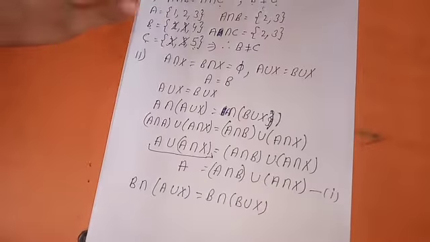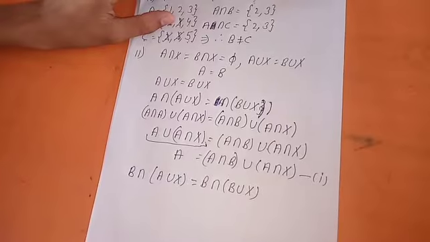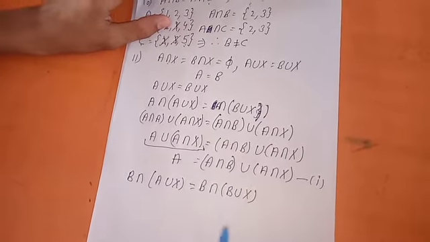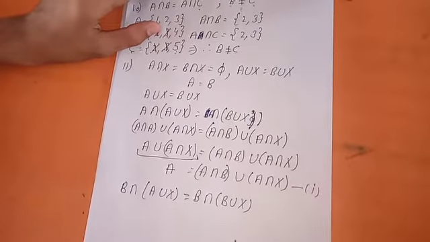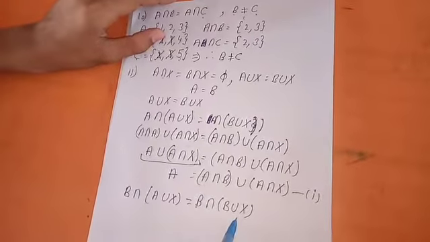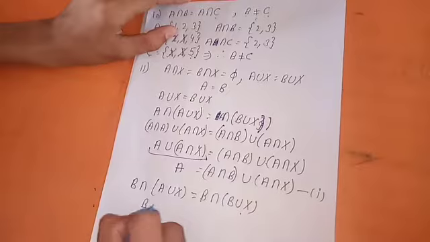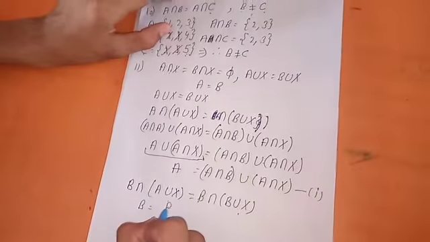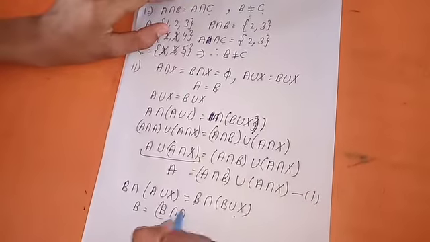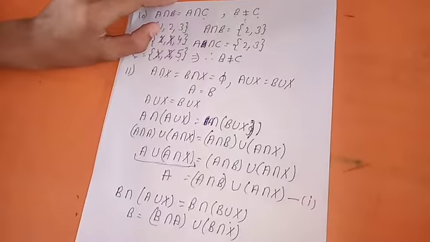Okay, so we will again use here, and at last what we will get? So this all is equal to B. Okay, so this B will be equal to (B intersection A) union with (B intersection X).